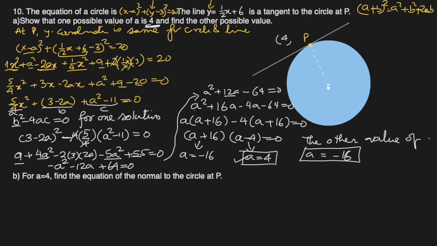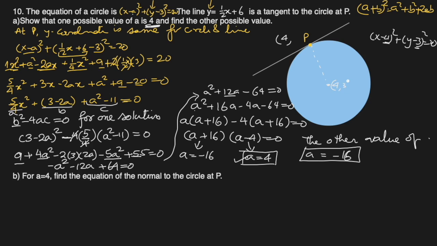So I need a point. Okay, I can use this point because they're saying a is 4 now. So x minus 4 square plus y minus 3 square equal to 20. What it means? That the coordinates of center are 4 and 3.